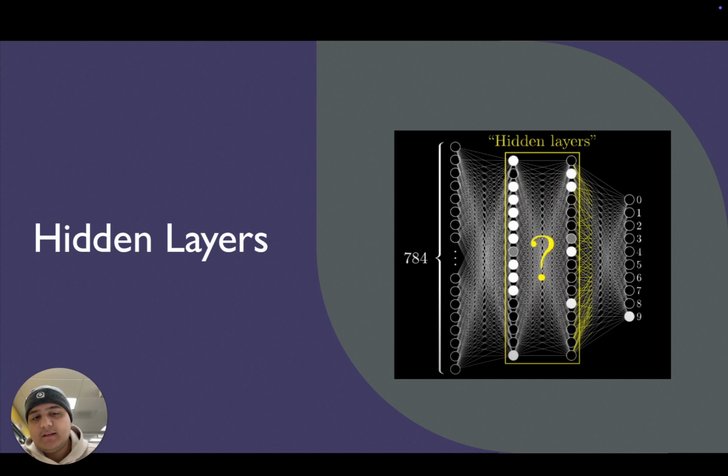Next, let's look at hidden layers. This is where the magic actually happens, even though there's kind of a question mark right now. In this example, we're going to be using 2 hidden layers, each with 16 neurons. So why 2 layers and 16 neurons? That's a bit specific. Well, it's kind of an arbitrary choice.